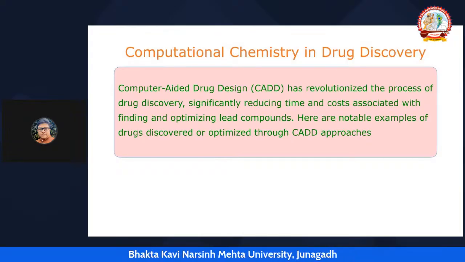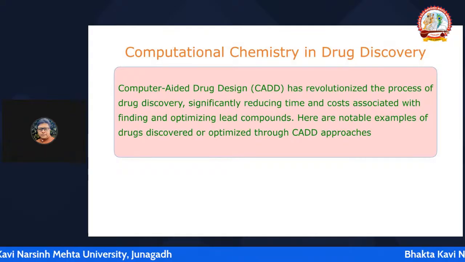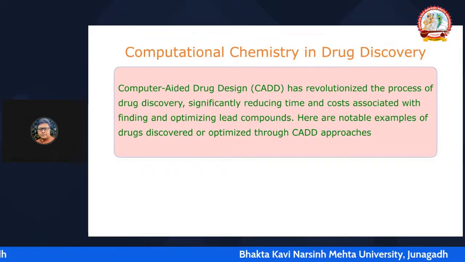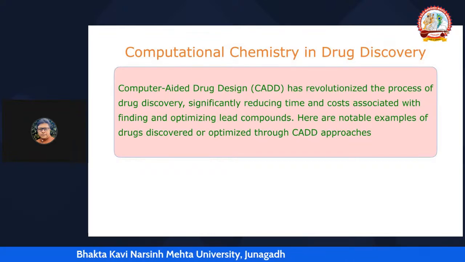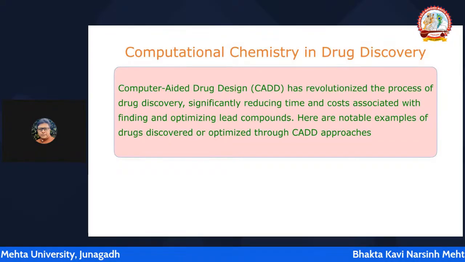The cost of 3 years is reduced to something like 6 to 9 months to get the molecules into preclinical trial. So you can understand the cost that goes over 3 years is shortened. You may not synthesize all the compounds, but only a few compounds that are promising with activity in the computer world.